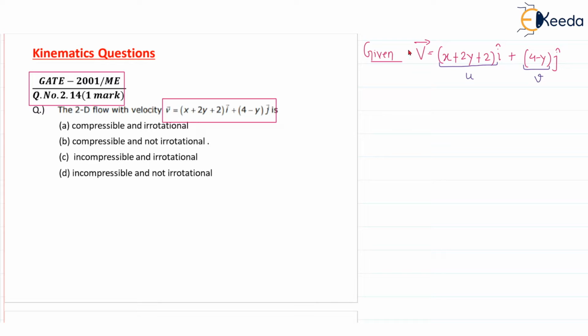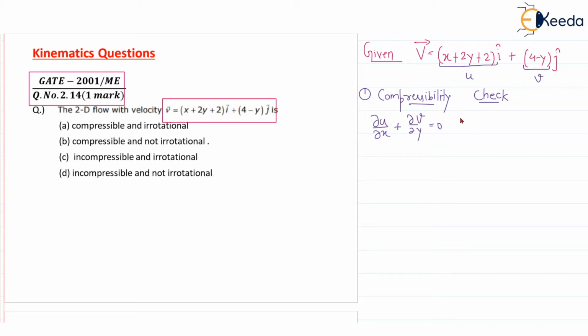As per the given data, this is your velocity component in the x direction, u, and this is your v. First of all, we are going to do the compressibility check from the continuity equation. We write the continuity equation for the two-dimensional flow field: dou u by dou x plus dou v by dou y equal to 0.